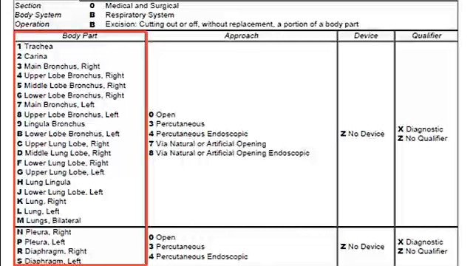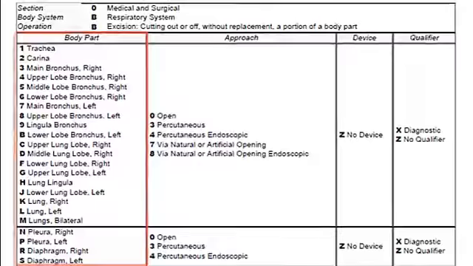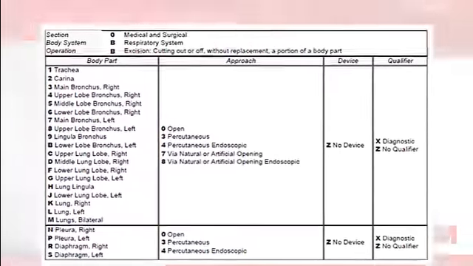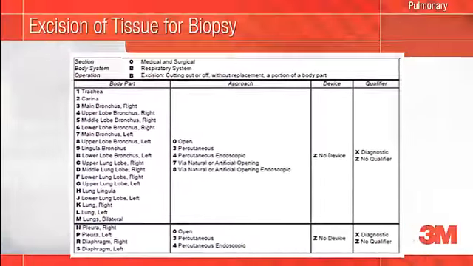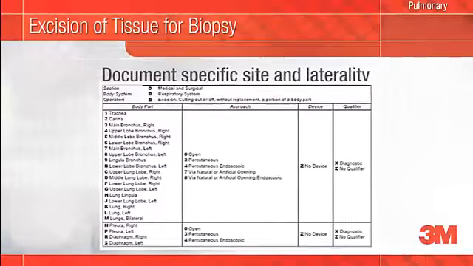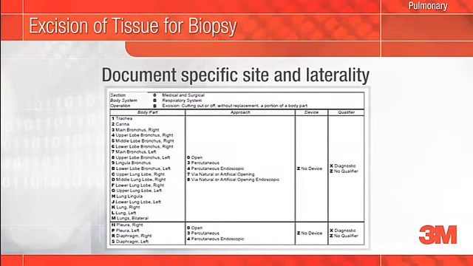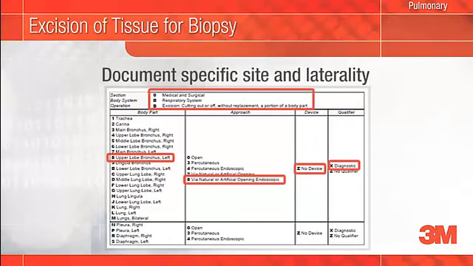Note, for example, that the coder must choose right main bronchus versus right upper lobe bronchus versus right upper lung lobe. Therefore, it is important to precisely identify the laterality and anatomical site of the biopsy. For example, a biopsy of the left upper lobe bronchus via bronchoscopy is coded as 0BB88ZX.